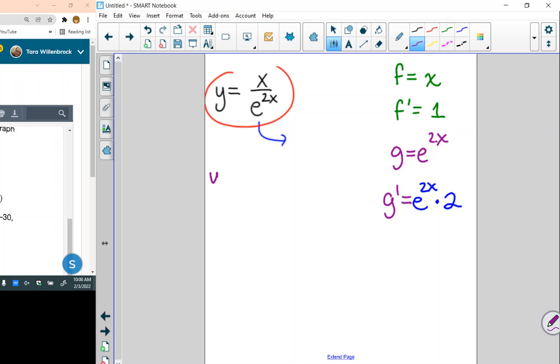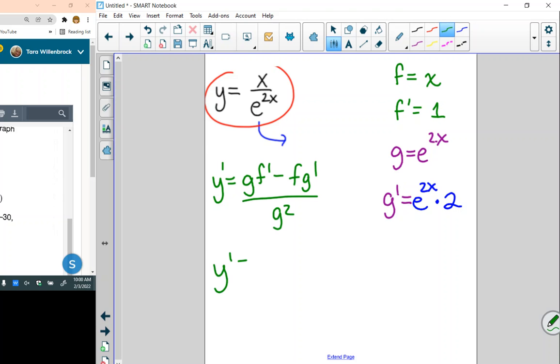So then I put my quotient rule together. I'm realizing now, why do we do this? Because it makes it easier. If I do this, g f prime minus f g prime over g squared, then it just is a little easier to pull the pieces.